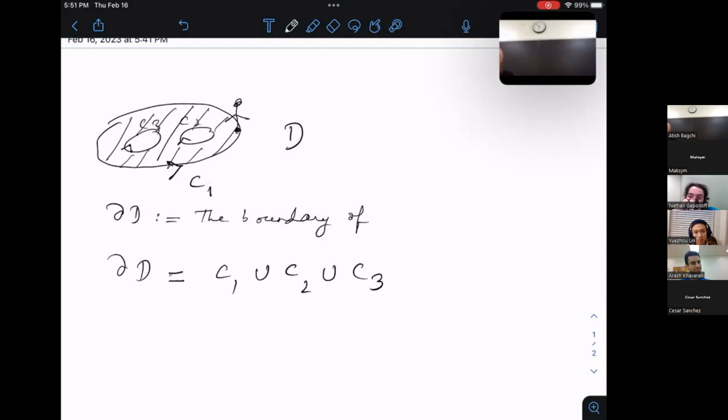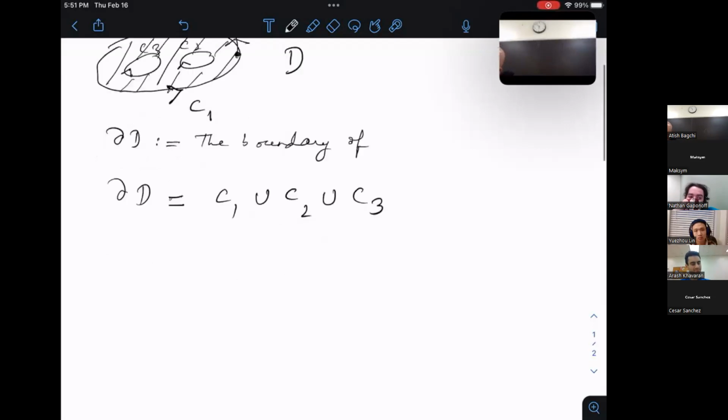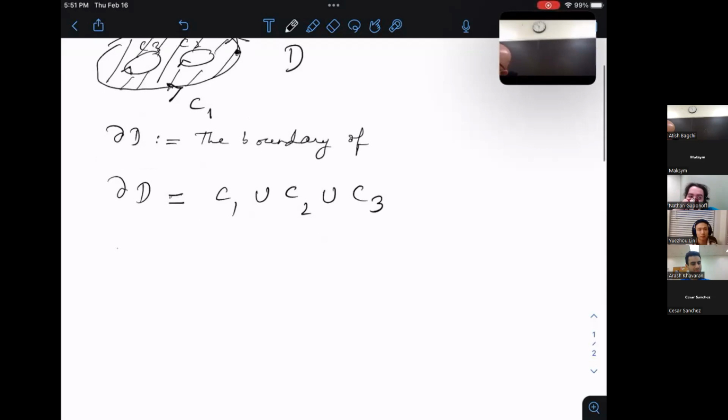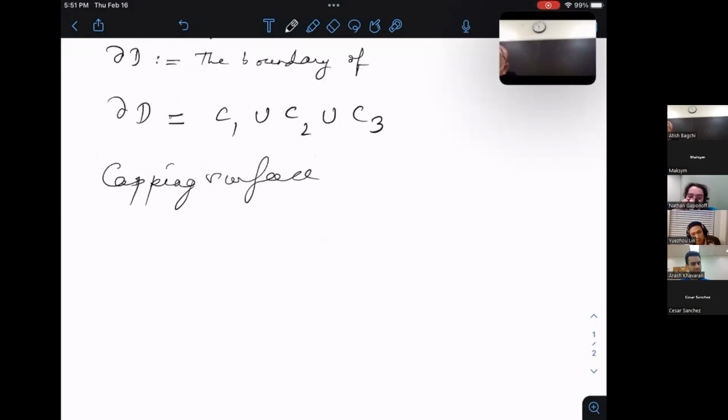Okay? And there is another notion that I need to talk to you about, that is called a capping surface. So what is a capping surface? Suppose I give you some sort of a curve, which may or may not lie in the plane. Then any surface which has that as the boundary is called a capping surface.